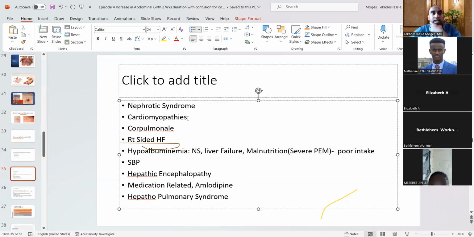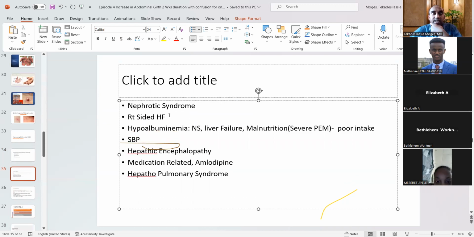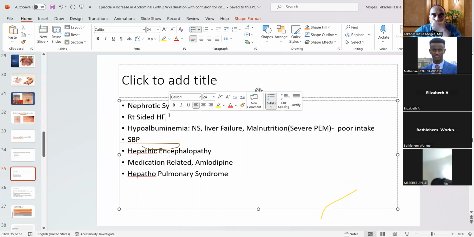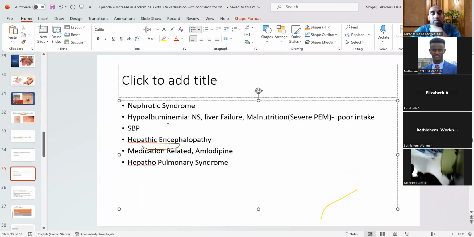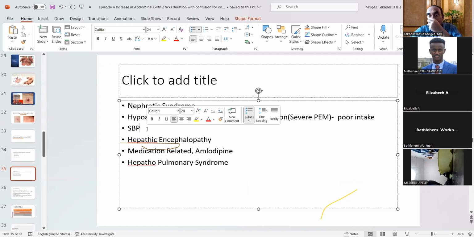CHF less likely. Cardiomyopathy less likely as well. Pulmonary less likely. Right-sided heart failure less likely. Hypoalbuminemia still possible. SBP unlikely, less likely.